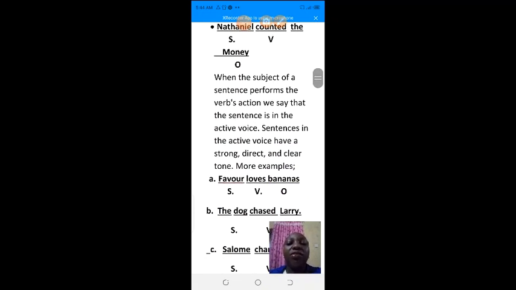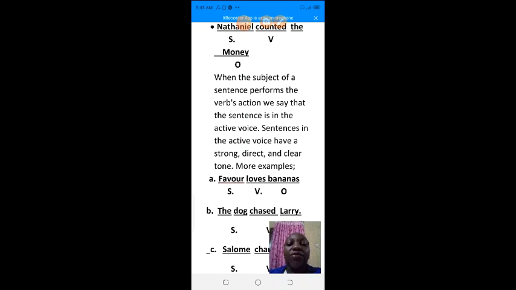When the subject of a sentence performs the verb's action, we say that that sentence is in the active voice. When the subject comes first in a sentence and is performing the action of the verb directly on the object, we say that that sentence or the verb in that sentence is in the active voice.